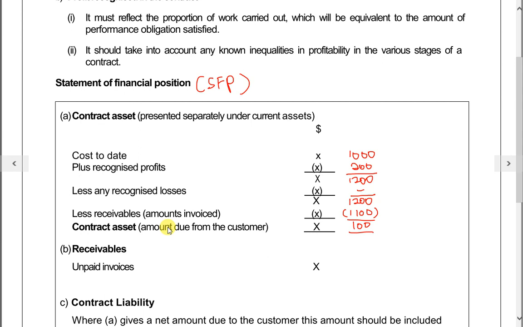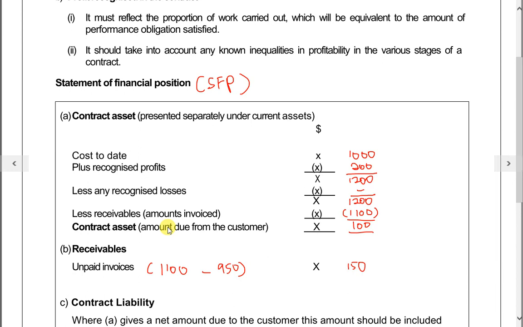So when I bill my customer 1,100, the maximum they will pay is 1,100 because it's based on how much we bill. So if I bill them 1,100 and they pay me only 950, my receivables is 150. Understand?